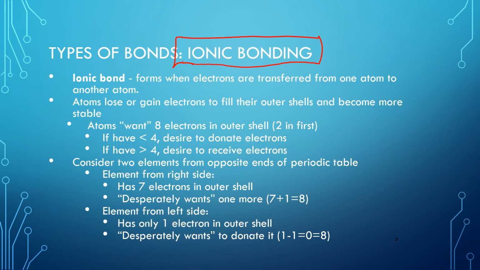Remember how we said that atoms have electrons in different energy shells? Sodium, for example, has atomic number 11. If you look at an atom of sodium, the first energy level can only hold 2 electrons.